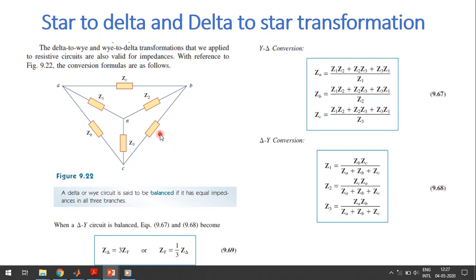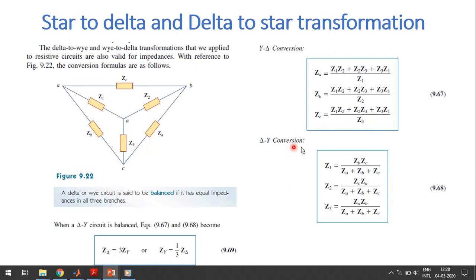The impedance opposite to ZA is Z1. So divided by Z1. Similarly, if you are going to find out ZB, then again Z1 Z2 plus Z2 Z3 plus Z3 Z1 divided by the opposite impedance Z2. And similarly for ZC, this is the formula.